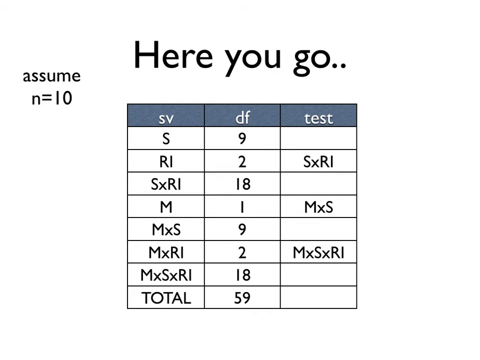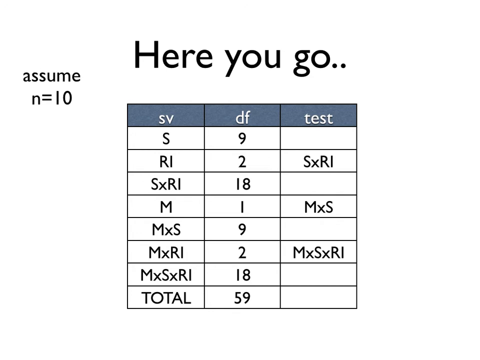Now, another variable, memory. That's the memory test type, implicit or explicit, so 1 degree of freedom. Memory by subjects. Memory by retention interval. Memory by subjects by retention interval. Memory by memory? We can't do that. Done. Adding up the degrees of freedom, there are 60 observations, so 59 degrees of freedom in the whole.